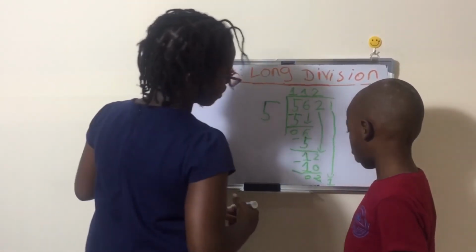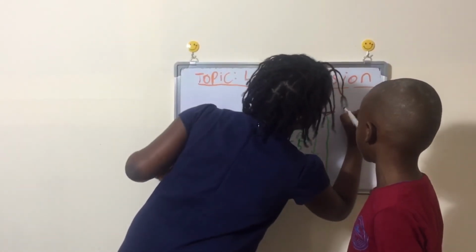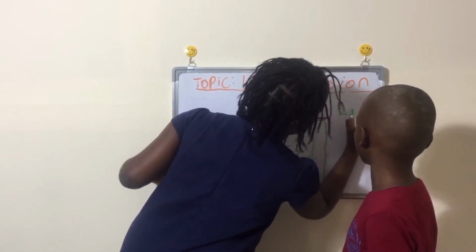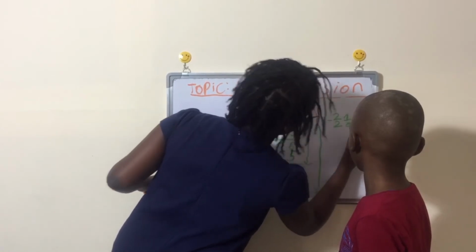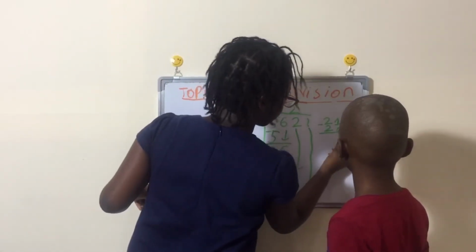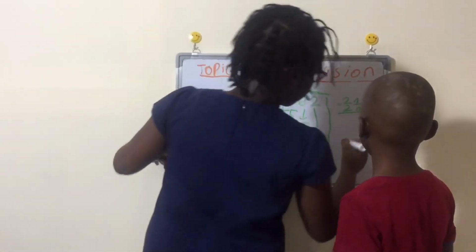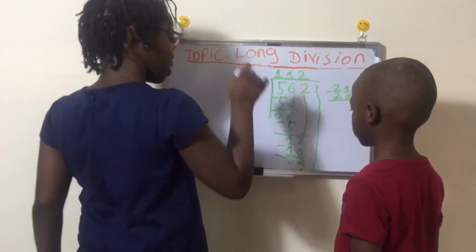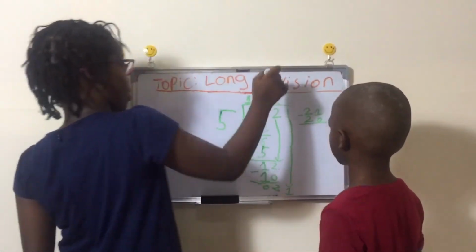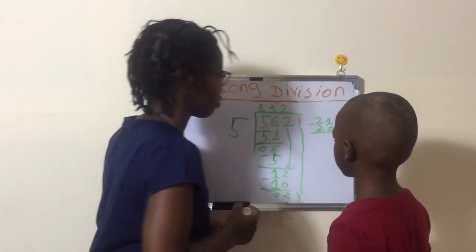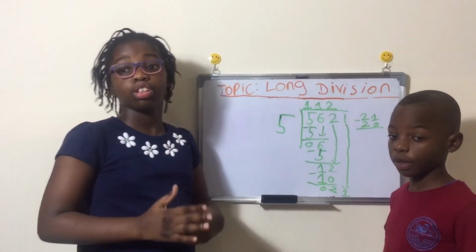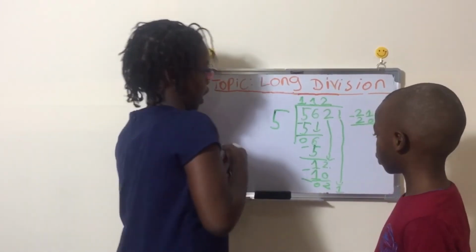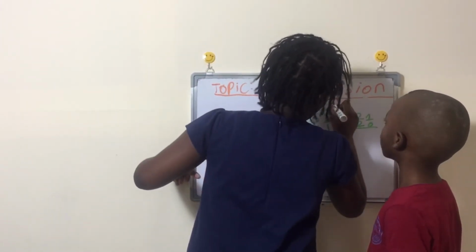And then 21 minus 20 equals 1. So what makes 20 in the first place? That is what we have to add here. What makes 20 is 4 times 5. So write 4 up here.